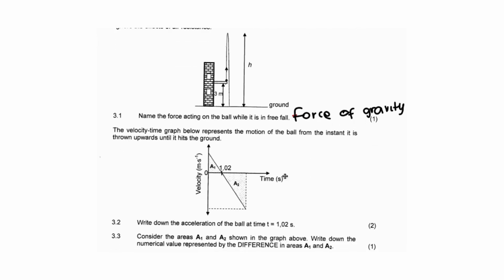Now they give us the velocity-time graph below, which represents the motion of the ball from the instant it is thrown upward until it hits the ground. Write down the acceleration of the ball at time 1.02 seconds. What do we know about the velocity versus time graph is that when the line crosses the x-axis, the time line, that is where you have a velocity of 0, and velocity is 0 at the maximum height.